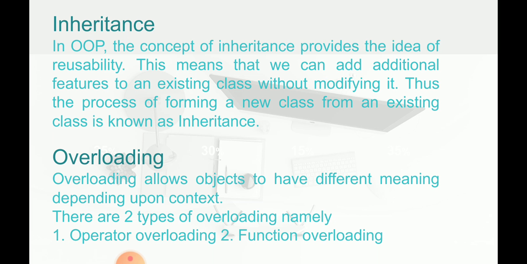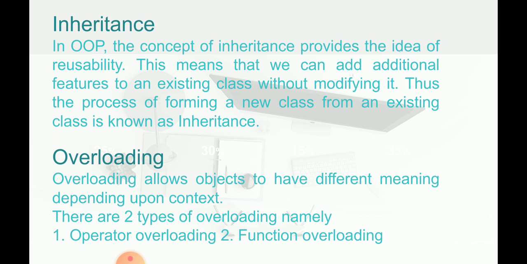Next is function overloading. This means two or more functions have the same name but a different number of arguments or data types. For example, the first function will have the name sum(a, b), which means a and b can be added. There will be one more function in the same program, sum(a, b, c), which means a plus b plus c can be done.